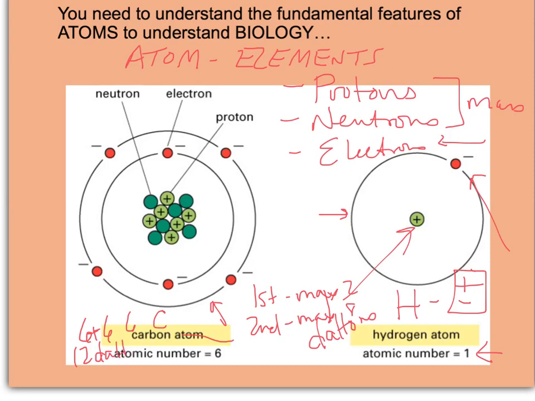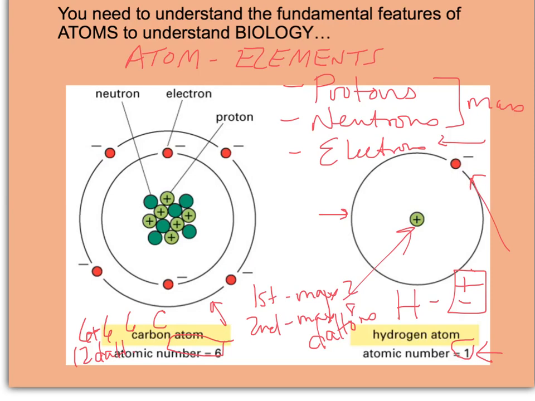Its atomic number is 6. The atomic number of hydrogen was 1. And if you look on the chart of the elements, it's really easy to follow what's going on based on where these elements show up on the chart.